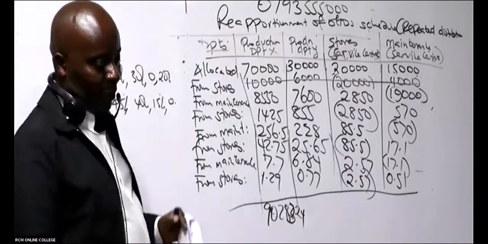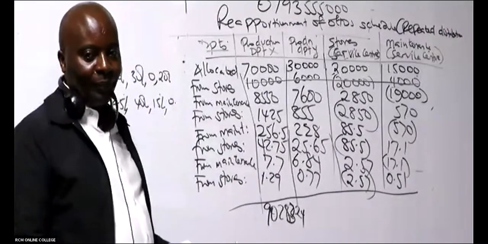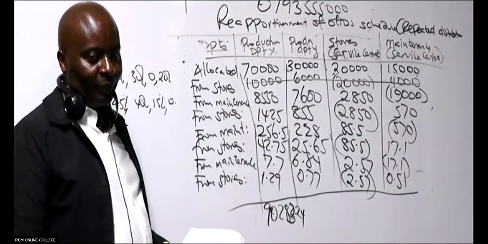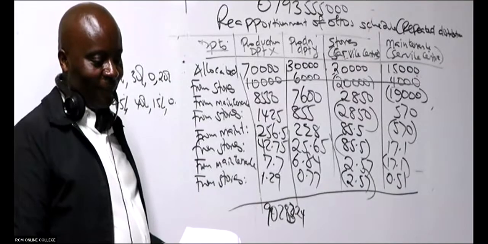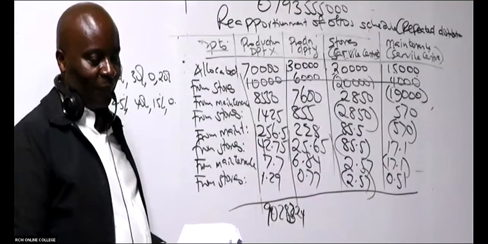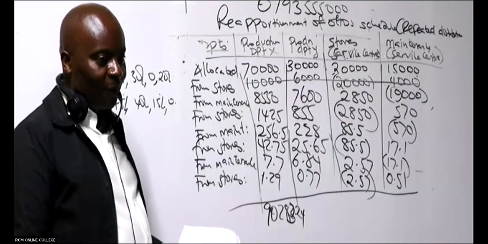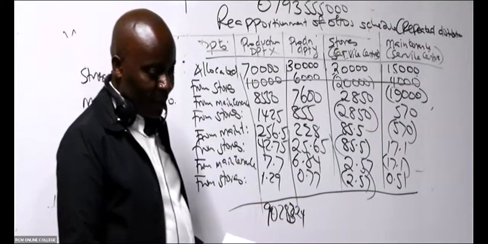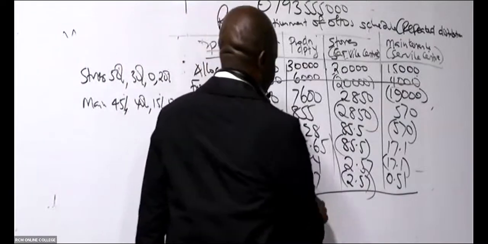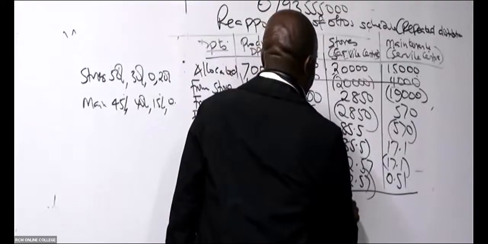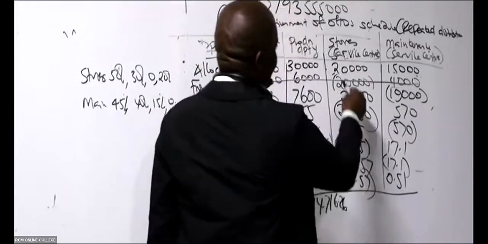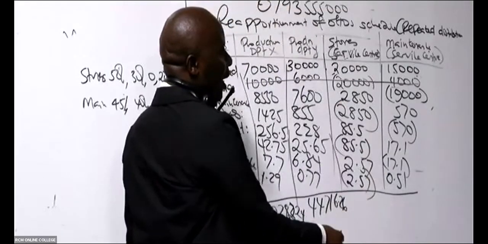How about production department Y? 44,716.26. How about service center?